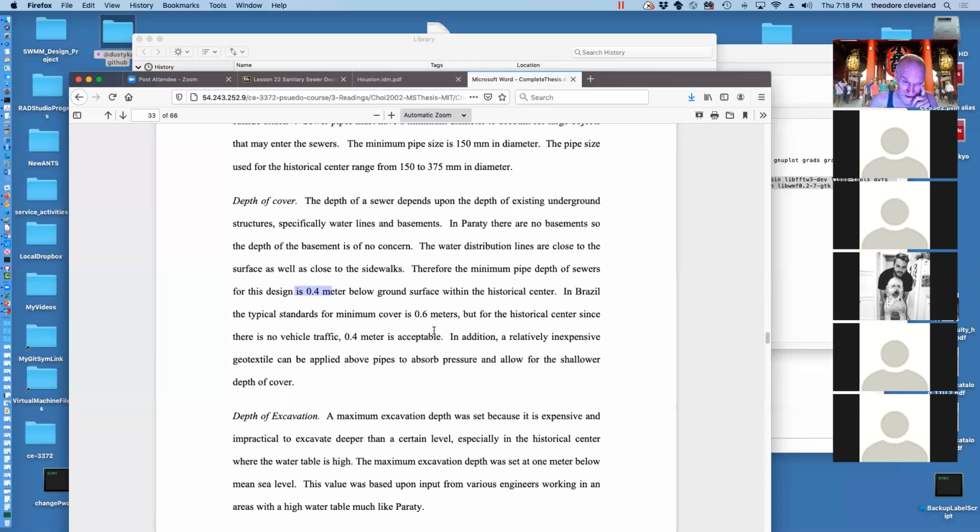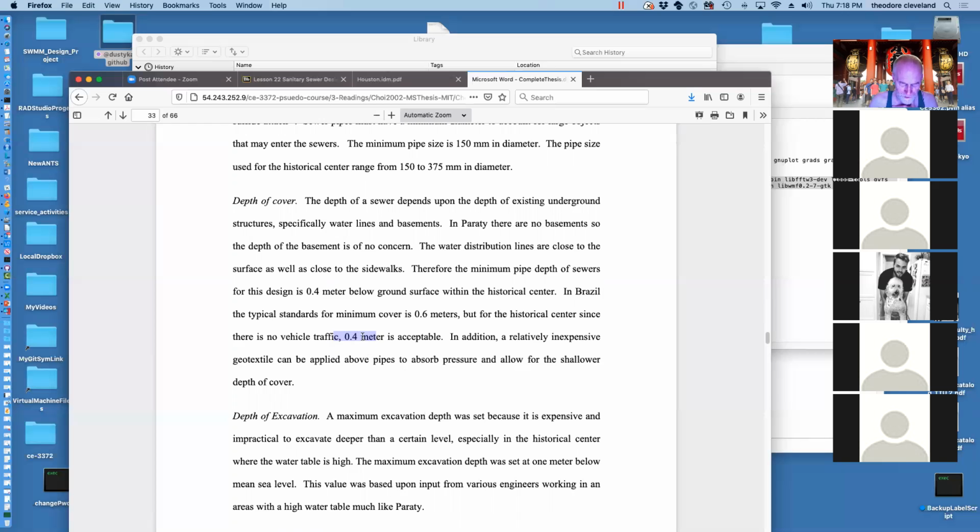And it says in Brazil, the minimum cover is 0.6 of a meter. But because there is no vehicular traffic, they decided that reducing the burial depth was acceptable, because the only forces the pipes have to resist are the forces of people walking on them. There's no vehicular forces.